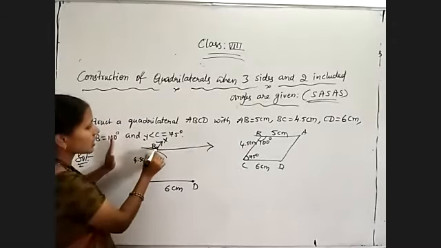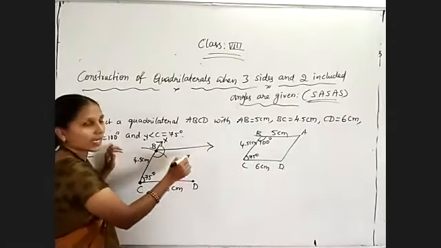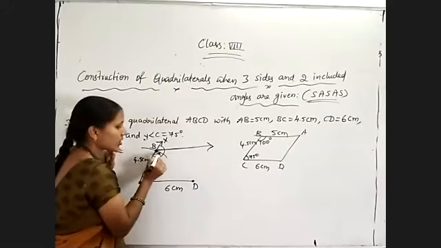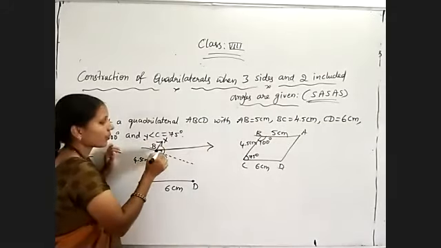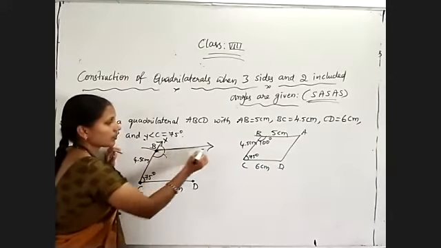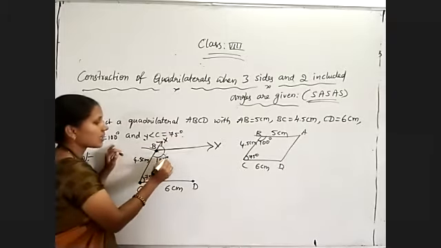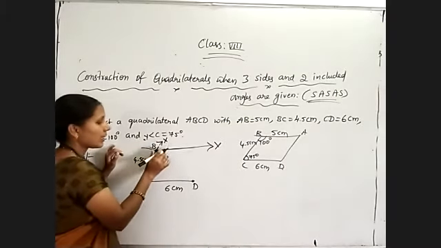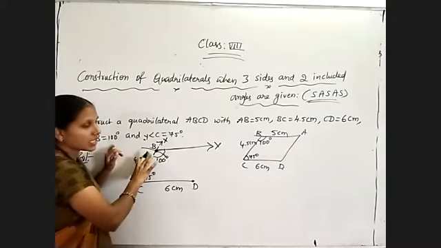Here we need to place the protractor in this direction, because it is an obtuse angle. We'll get more than 90 degrees like this, that is 100 degrees. Ray BY makes a 100 degree angle with the line segment BC.